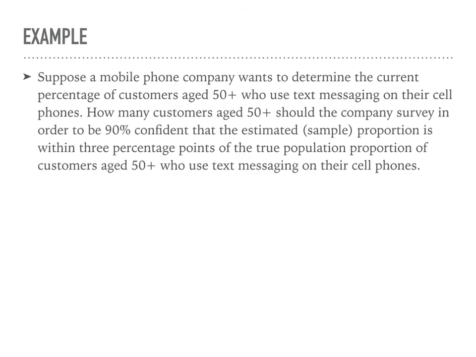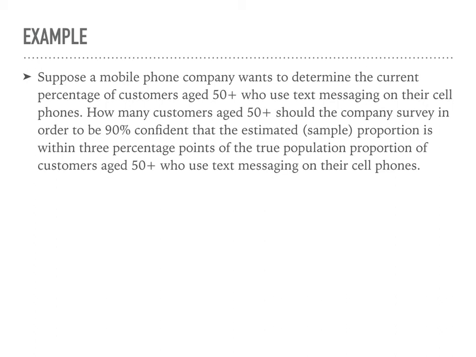Suppose a mobile phone company wants to determine the current percentage of customers who are 50 plus who use text messaging on their cell phones. So we would want a z-value of 1.65. Our maximum error is 0.03.